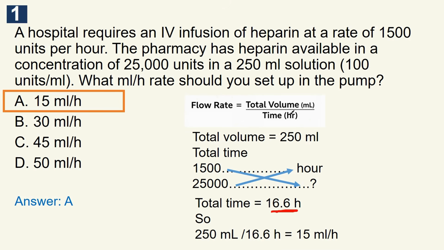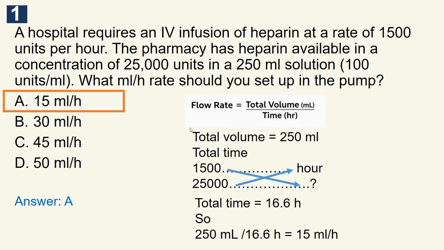Now you plug in the volume and time. Volume is 250 and time is 16.6. If you do that, it comes to 15 milliliters per hour. So that's a simple, straightforward way of calculating this type of exam question. I hope these kinds of questions definitely help you with practicing this.